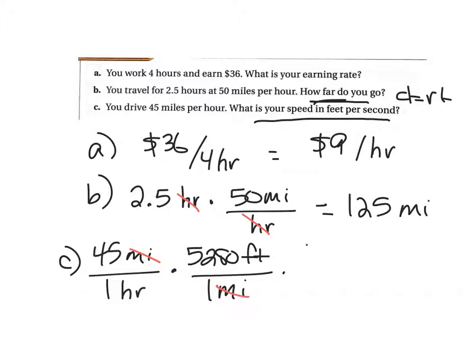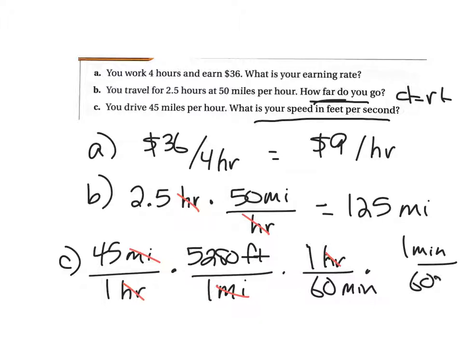What I know for a fact is there's 1 hour has 60 minutes in it. So what happens now is my hours are canceling. So all I have left is I need to change my minutes to seconds. So what I know is in 1 minute, there are 60 seconds.